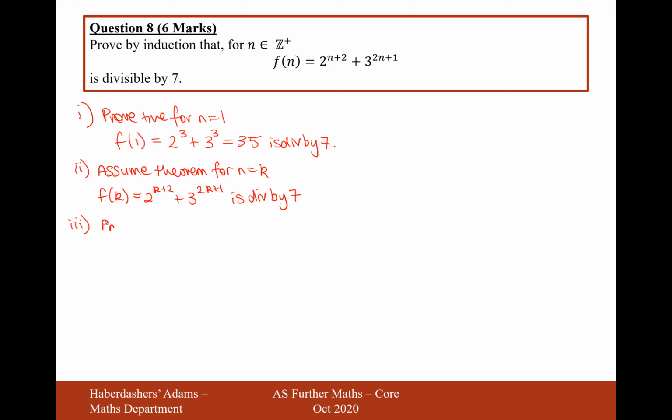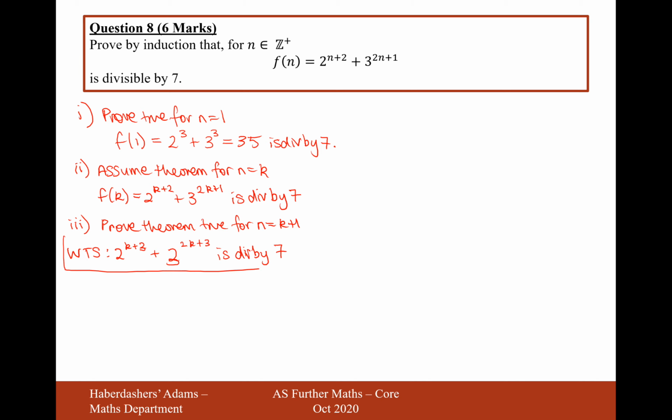We need to now prove our theorem true for k plus 1. Prove theorem true for n equals k plus 1. So what we effectively want to show is that 2 to the power of k plus 3 plus, if we put k plus 1 in there, that will give us 2k plus 2 plus another 1, 2k plus 3, oops, 3 to the power of 2k plus 3 is divisible by 7.